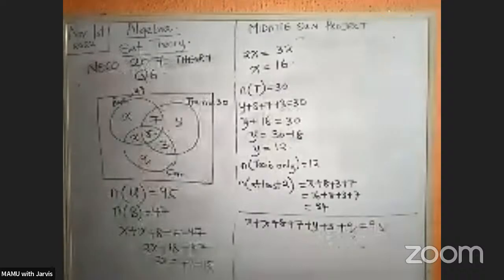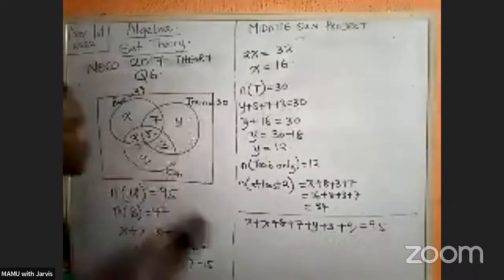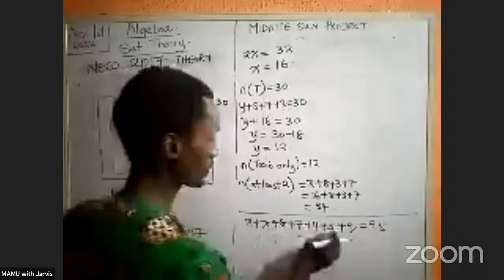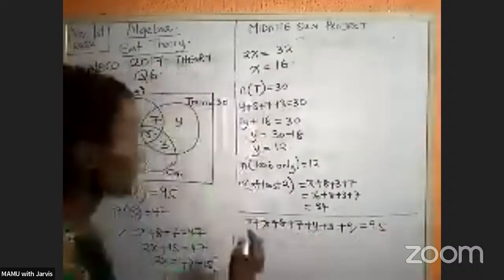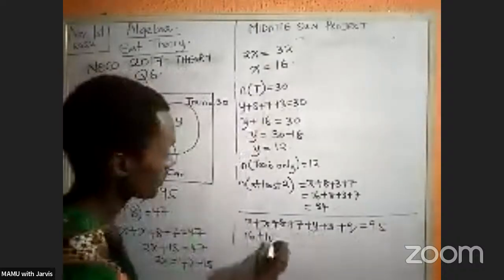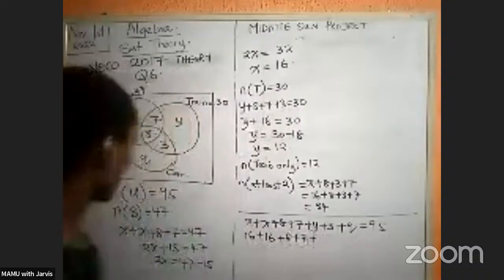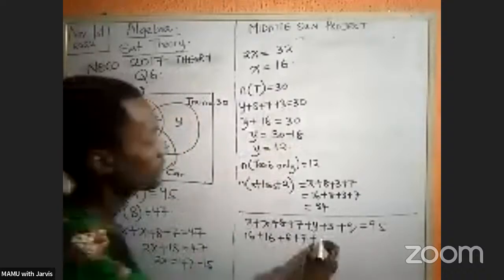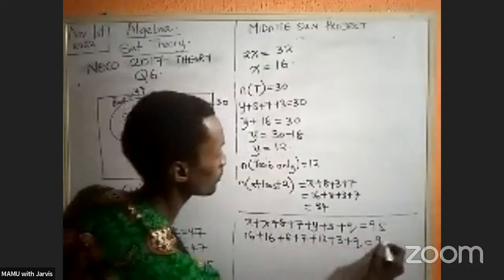So let's count and be sure that what we have done is right. 1, 2, 3, 4, 5, 6, 7. Beautiful. What is X? X is 16. So that will be 16 plus 16 plus 8 plus 7 plus Y. What is Y? Y is 12 plus 3 plus Q equal to 95.